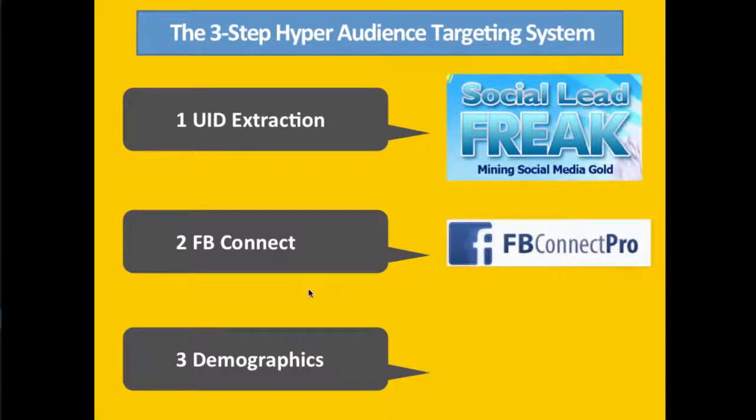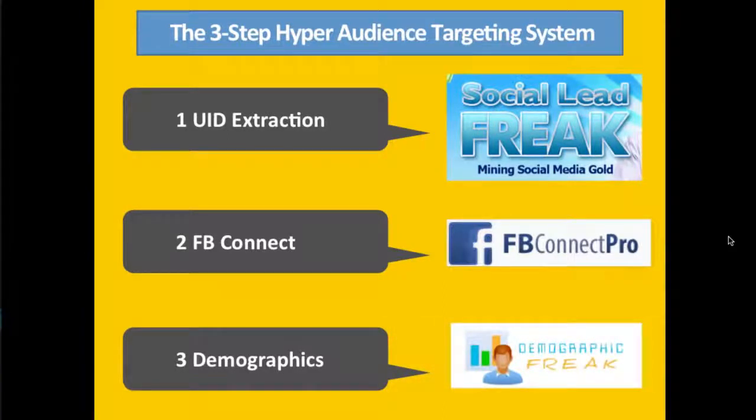The really exciting bit is actually step 3, because step 3 is where you take all of the information from all of your leads from step 2 and you summarize them in a pie chart form. So to do this, we are also giving you Social Lead Freak customers a brand new Demographic Freak 2.